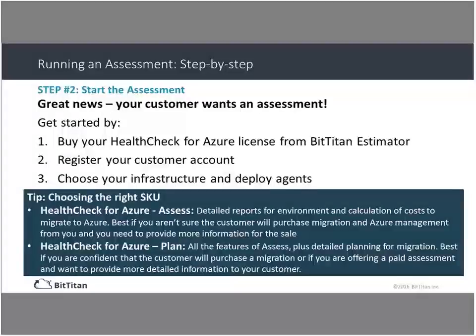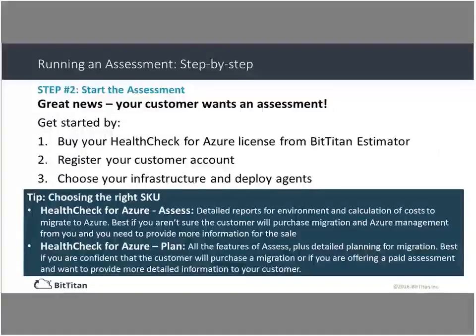So if you were going to do a workshop that you were going to do as a pre-sales event that you might be doing for free, just to see what the opportunity is in a customer, then I'd probably just buy Assess. But if the customer definitely wants to go and you're trying to prove your value as the partner of choice to take them there, then I would go do Plan right off the bat.